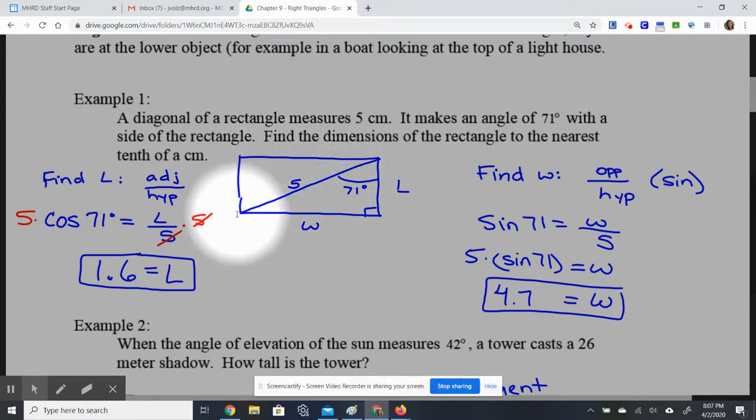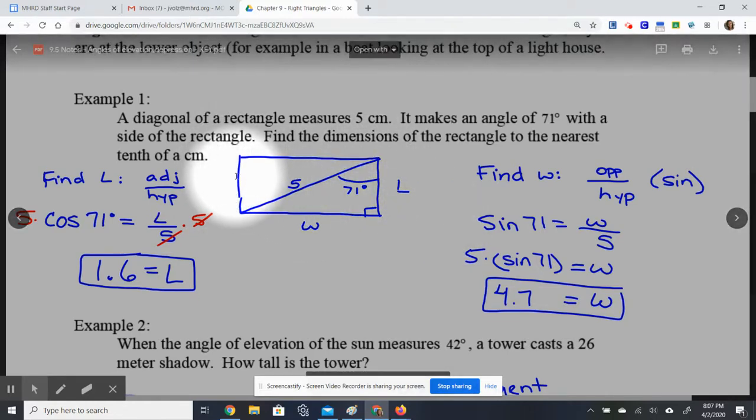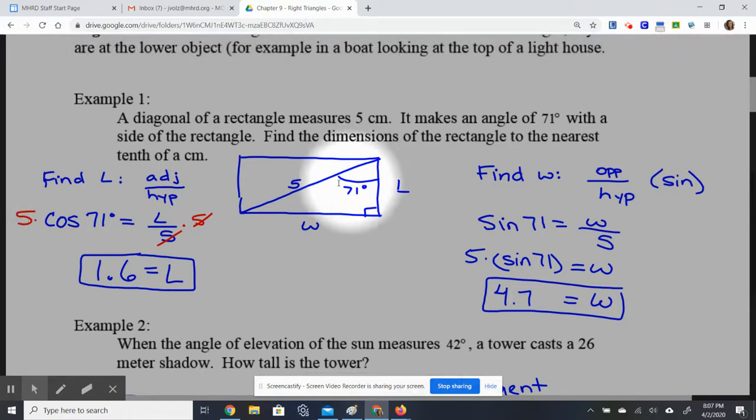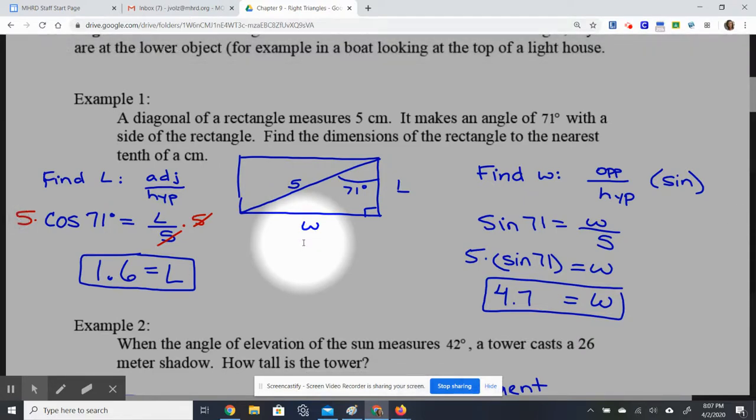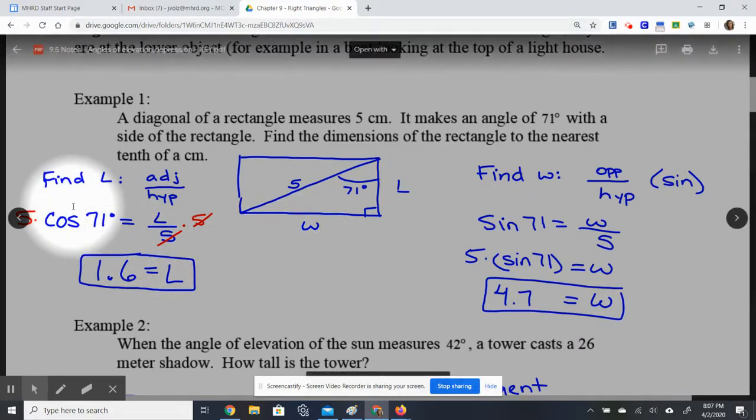All right, so I noticed that the diagonal splits a rectangle into 2 right triangles. Now I know this acute angle is 71 degrees, and I know the hypotenuse is 5 because the hypotenuse is across from the right angle. So I labeled my length and width, and now if I would like to find one of these measures, I started over here trying to find the length.